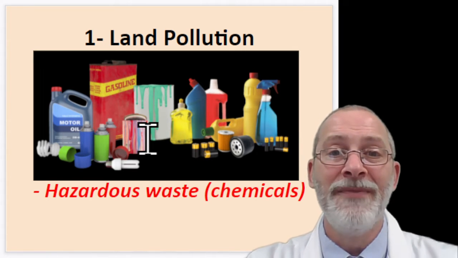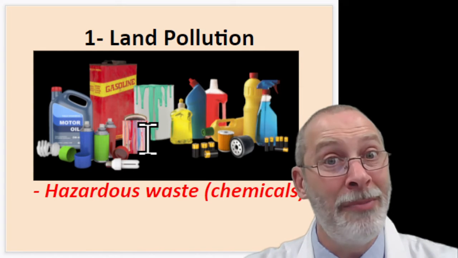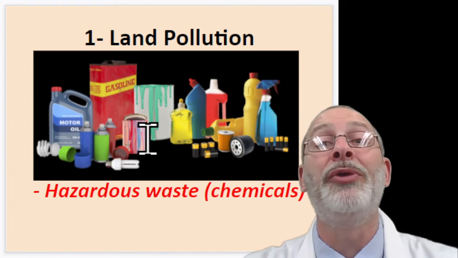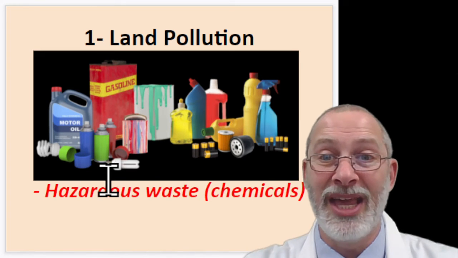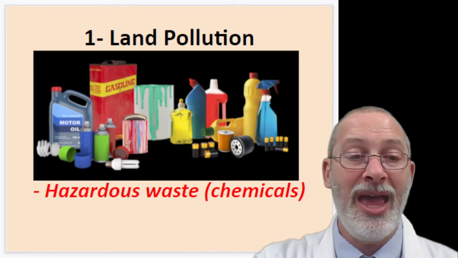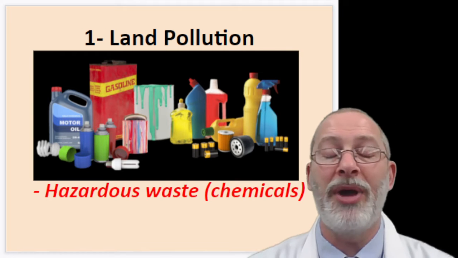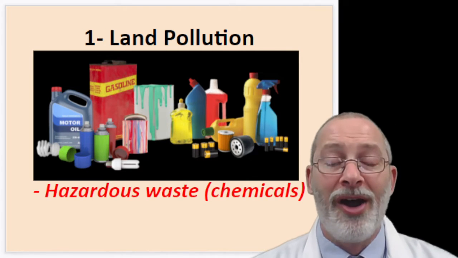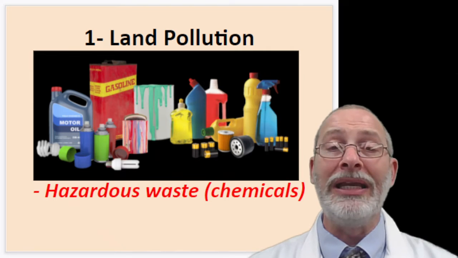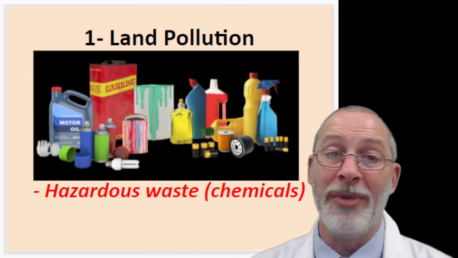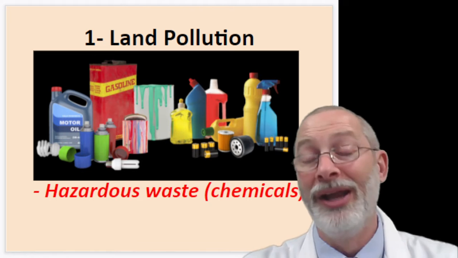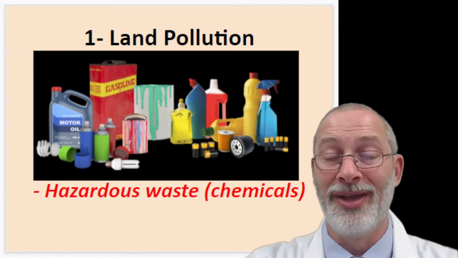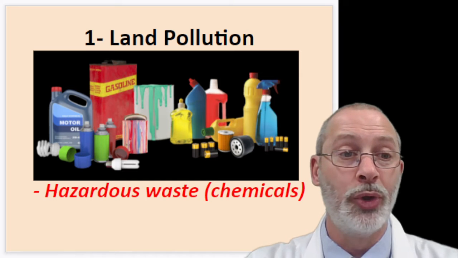All of these are chemicals that don't come from the environment and shouldn't be returned to the environment. Solvents and chemicals, these chemicals that are produced by human beings are hazardous to organisms that live in the environment. Whether you're talking about plants or animals, they are dangerous. And so that's another source of land pollution.